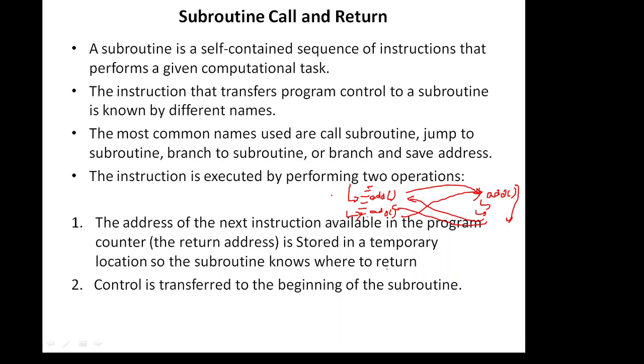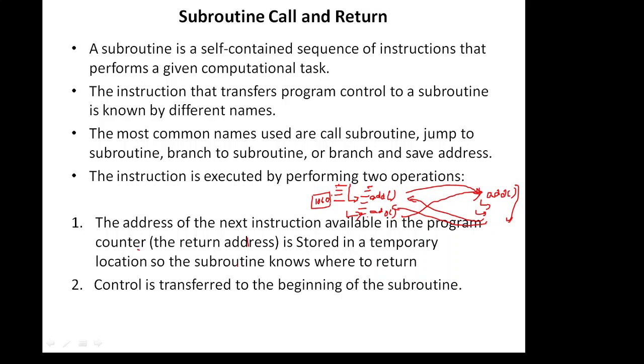Here, what are the two operations executed when we perform a subroutine? In this program there are 5 instructions, and the address of the 4th instruction is 1060. The address of the next instruction available in the program counter is stored in a temporary location, so the subroutine knows where to return.